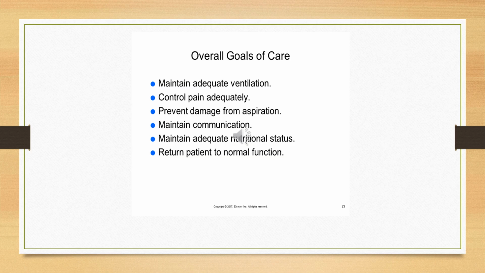So are we taking precautions to prevent that, providing soft foods, having the patient sit upright when we're feeding them. Maintain communication with our patient. Nutritional status, if they're having difficulty swallowing, then what are we doing for their nutritional status as well, and helping them to maintain a normal function. So doing those exercises, making sure they have therapy, trying to maintain their optimal level of functioning.